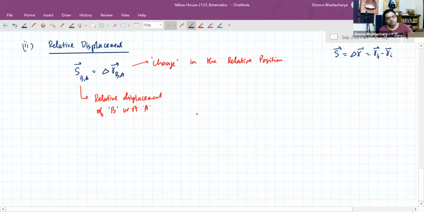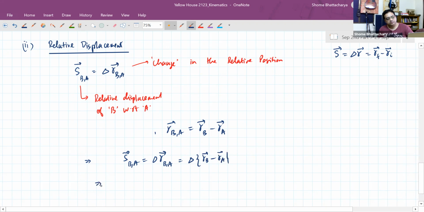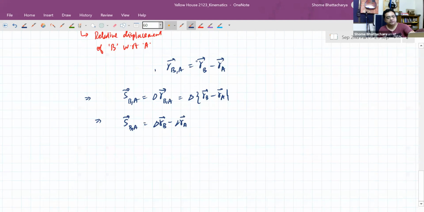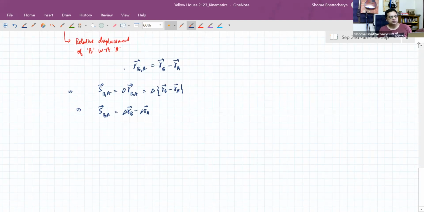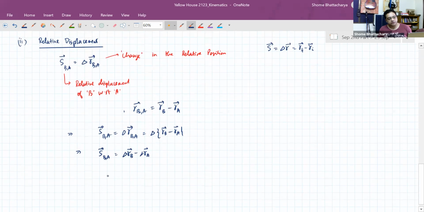Now recall that relative position was defined as the absolute position of B in the ground frame minus the absolute position of A. So that means relative displacement, which is delta of relative position, is the change in position of B minus the change in position of A. The change in position of B in the ground frame is nothing but the displacement of B with respect to ground.